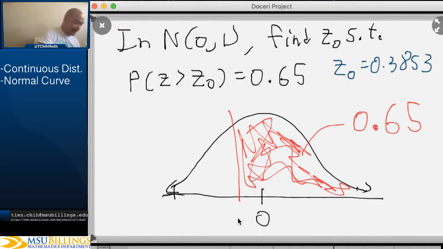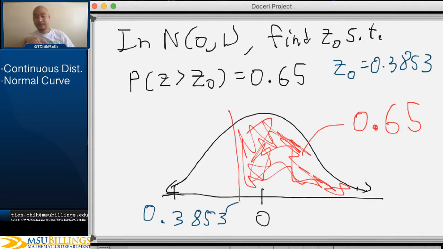So that's what this z naught is. It's about 0.3853. Great.